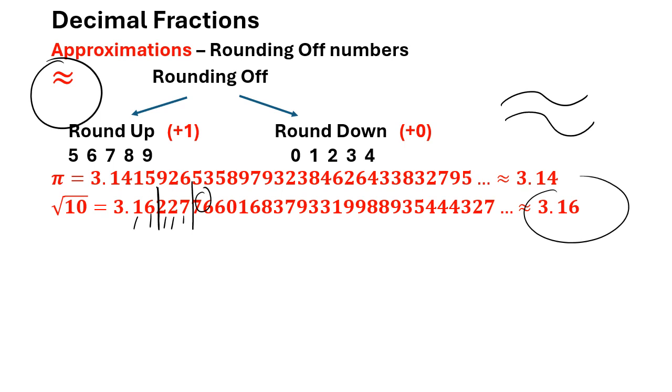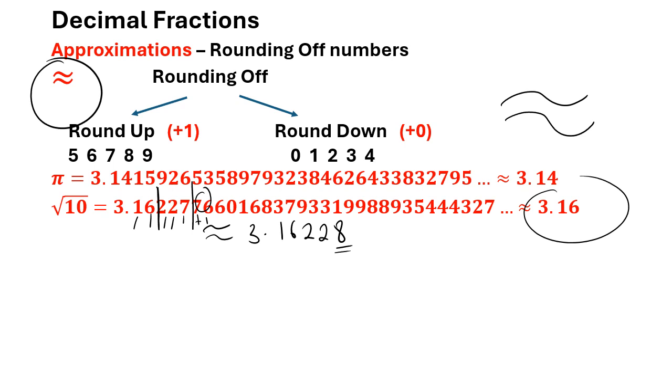So what we'll do is round 7 up, because 7 falls between 5 through 9. So again, this will become 3.16228, so that we're making 7 become 1, and then we're going to add 1 to the nearest decimal, which is going to be 8.